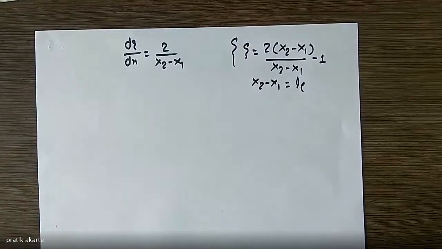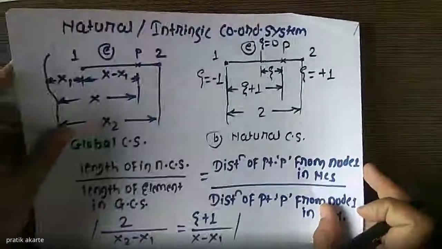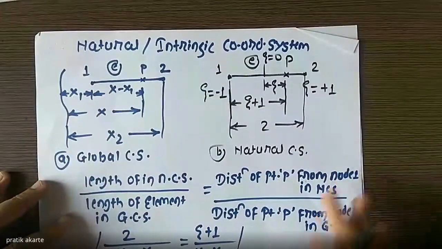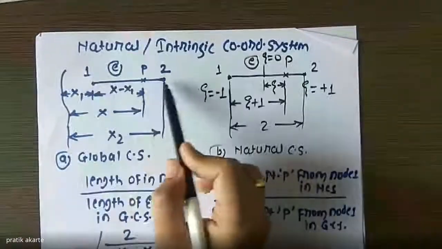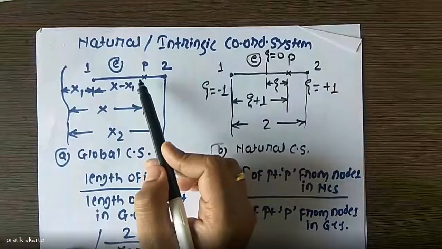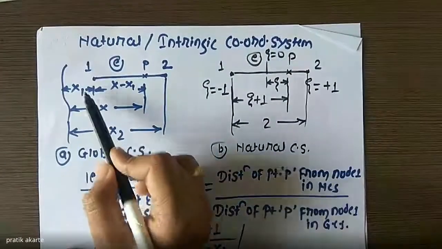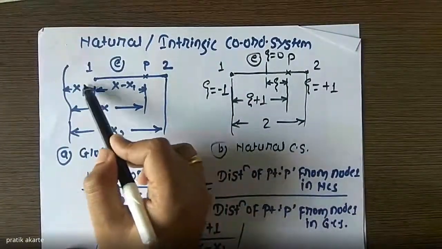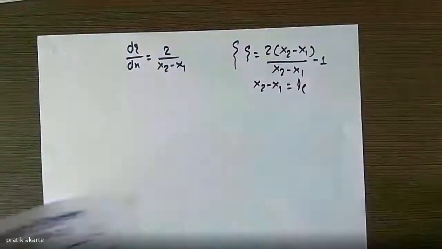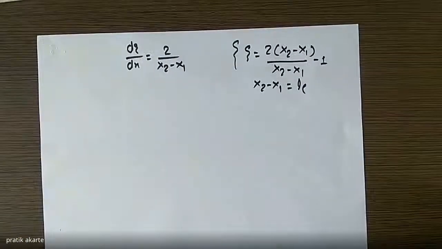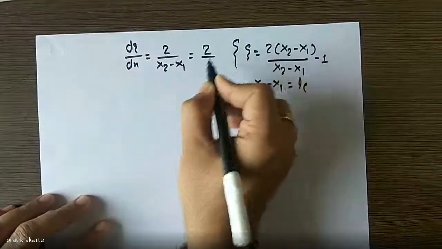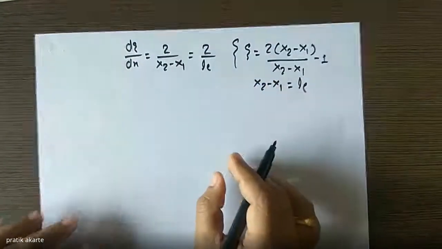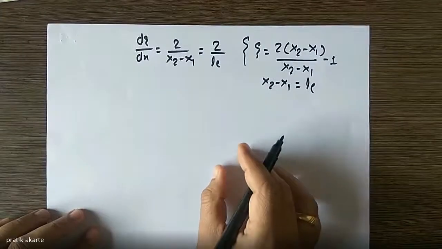For reference, I am putting this diagram in front of you. In terms of the global coordinate system, this is one element, and the length of the element is x2 minus x1. So I am writing this equation as 2 upon the length of the element.